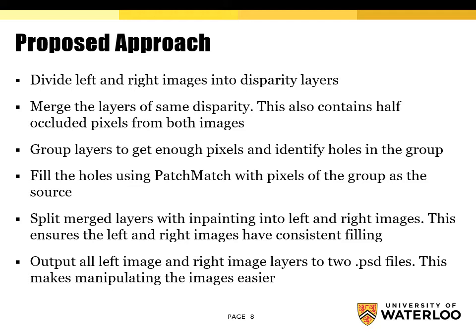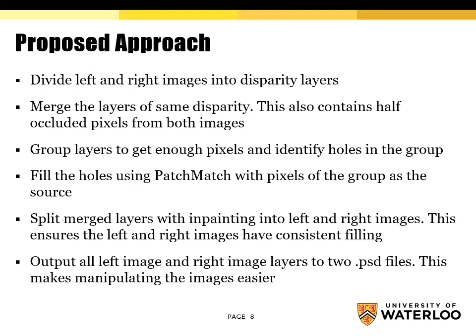Then we group the layers to get enough pixels, because it's highly possible that just a few layers or a layer by itself does not have enough pixels. And after that, we identify the holes in each group. In the next step, we fill these holes using patch match with pixels of the group as the source.